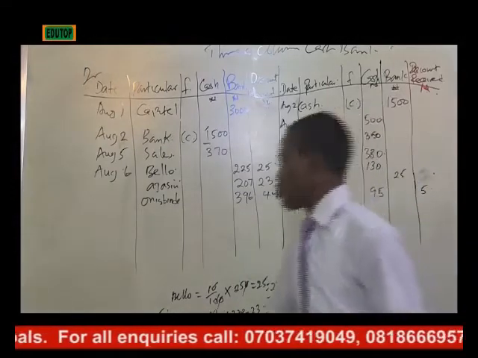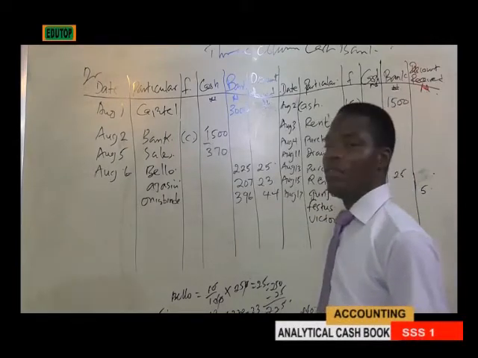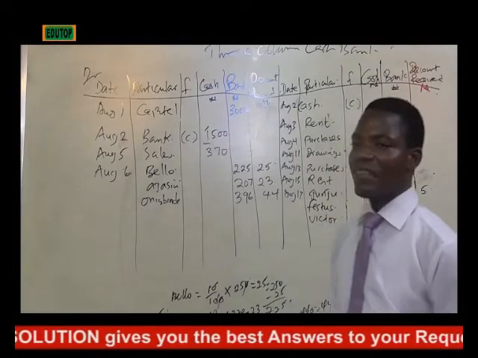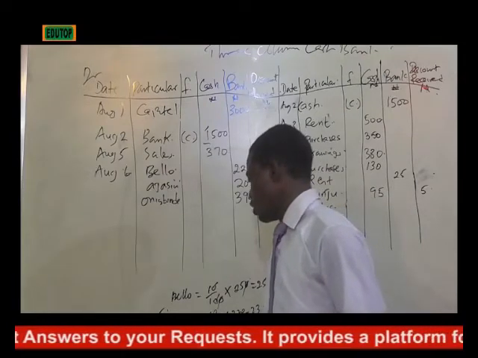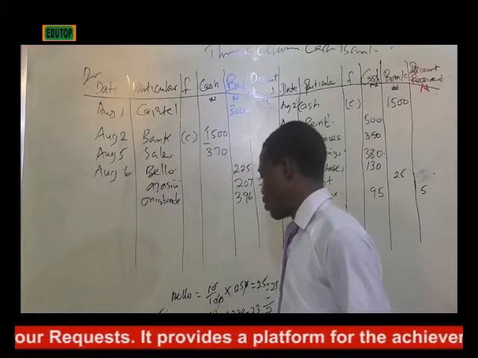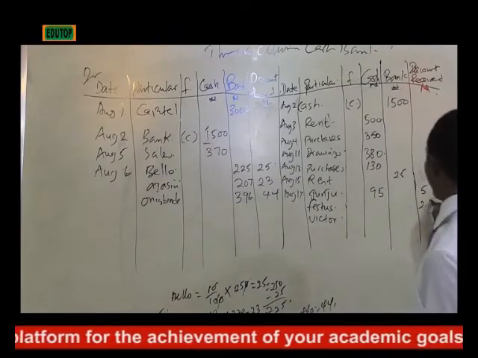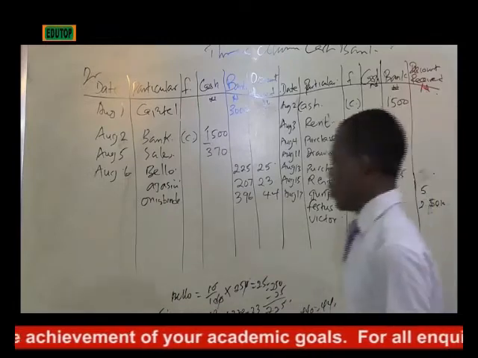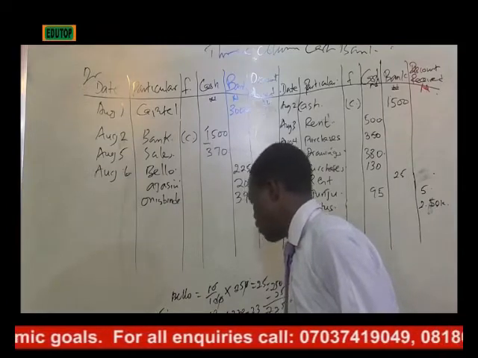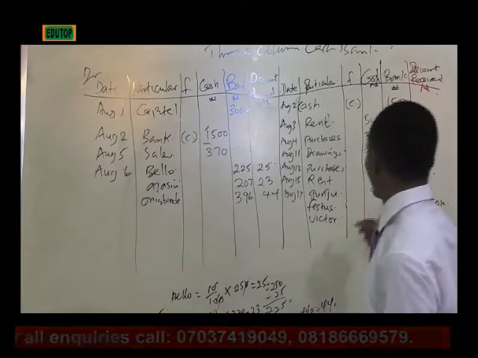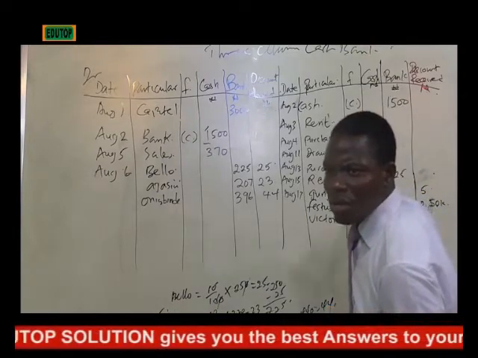Then Festus, we are supposed to pay Festus 25 naira, but we are given the discount of 5%. So we are not going to pay 25 naira again. 25 divided by 10, that is 2.5. So we are given a discount of 2 naira 50 kobo. So 25 minus 2 naira 50 kobo, we pay 22 naira 50 kobo.